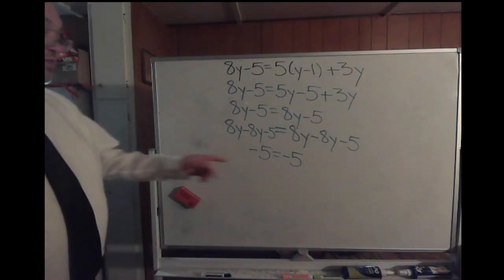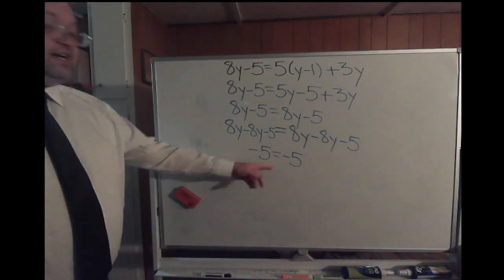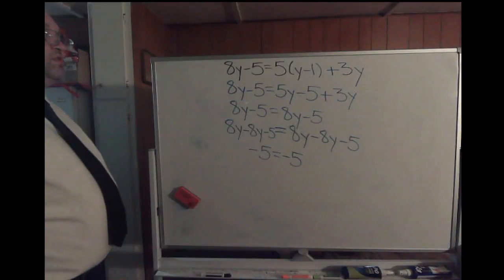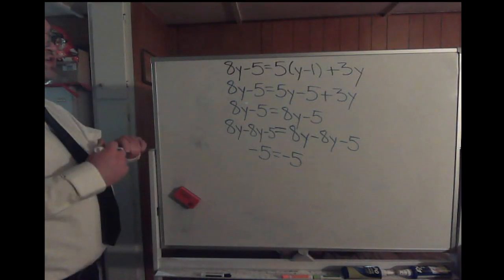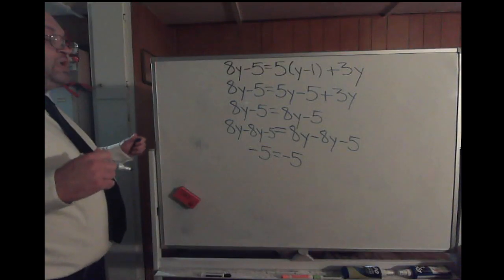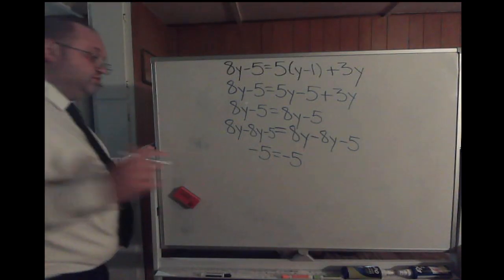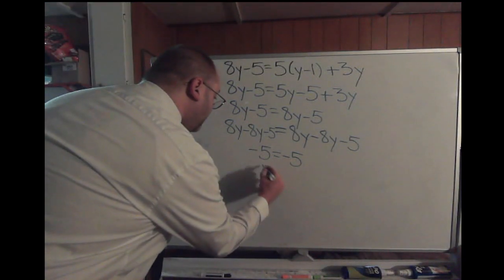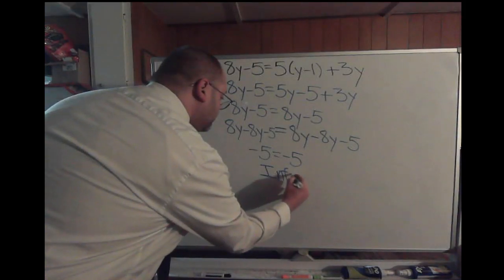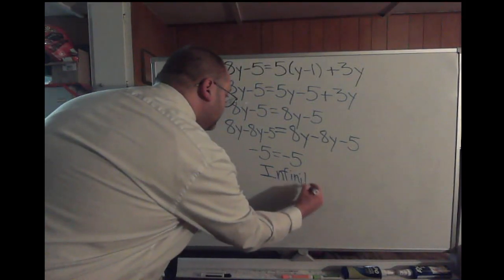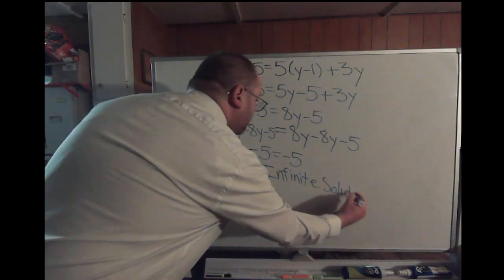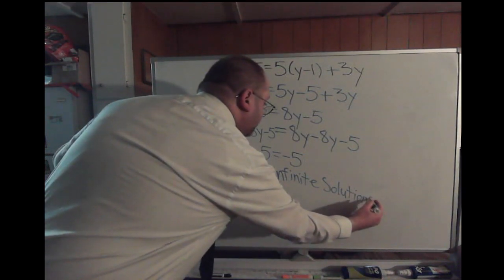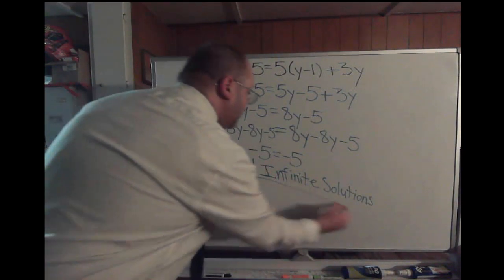Well, all you're left with is a true statement. Negative 5 certainly equals negative 5. What do you do in those cases? The answer to that, whenever you come up with just a true statement, there are infinite solutions. There are infinite solutions to this, which means you could put in any value for y.